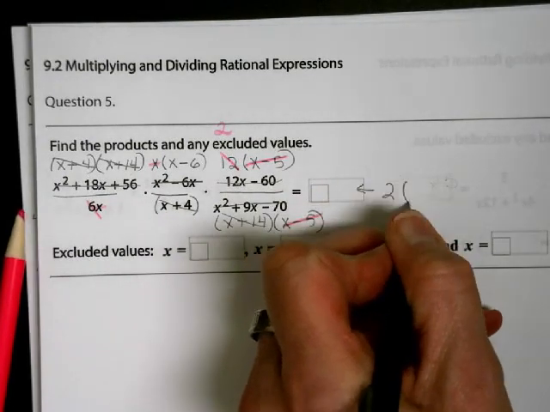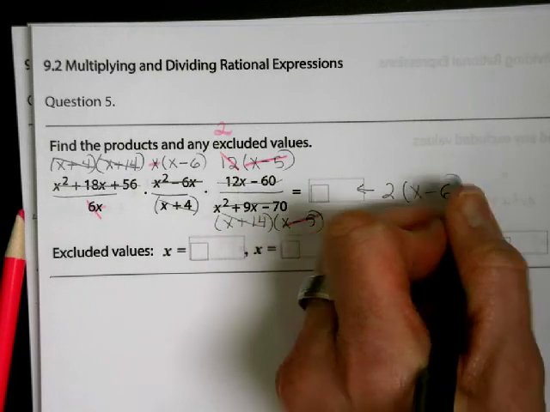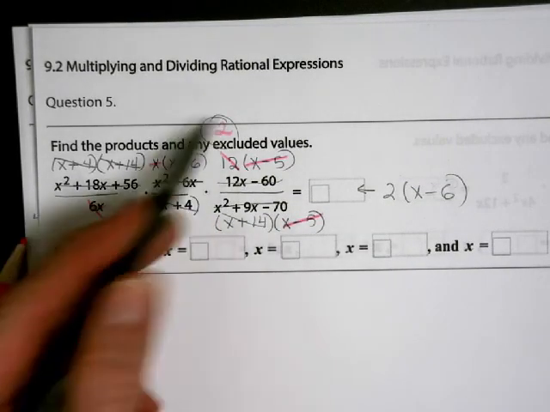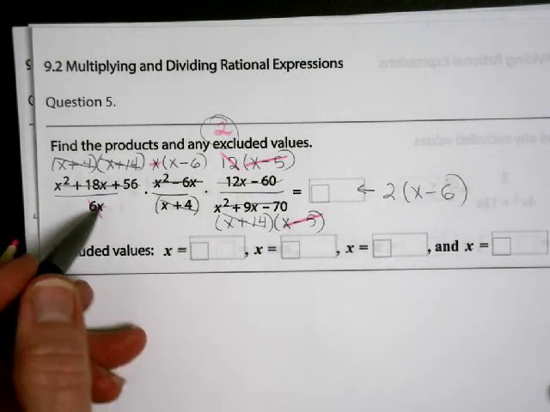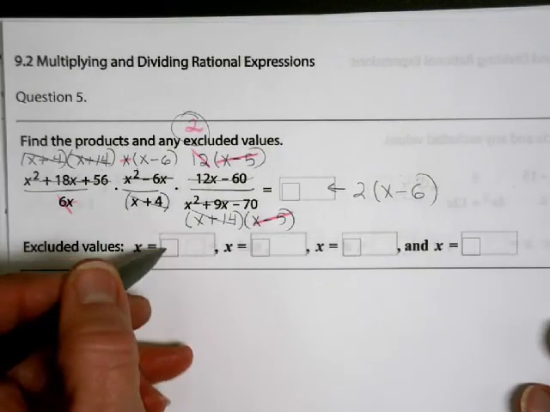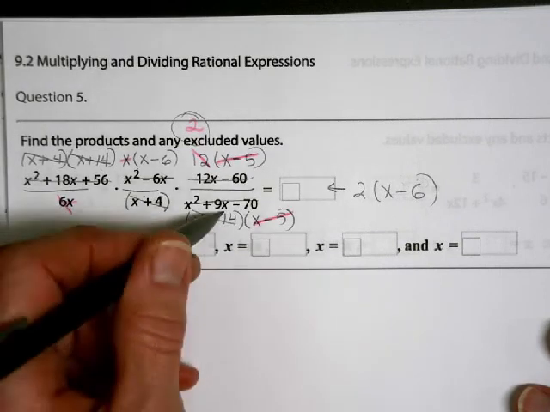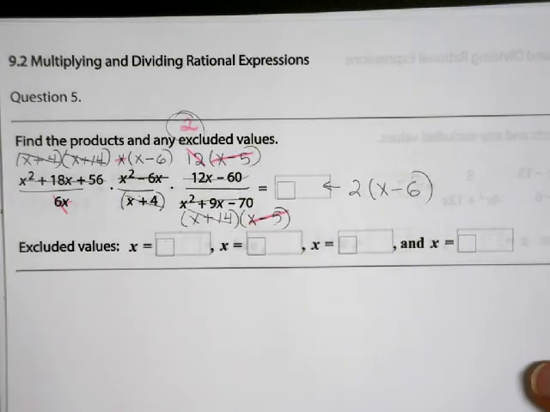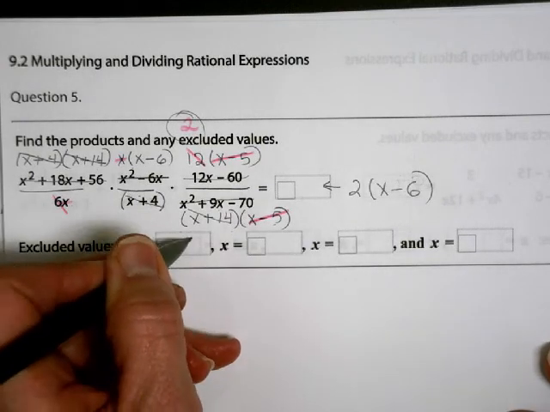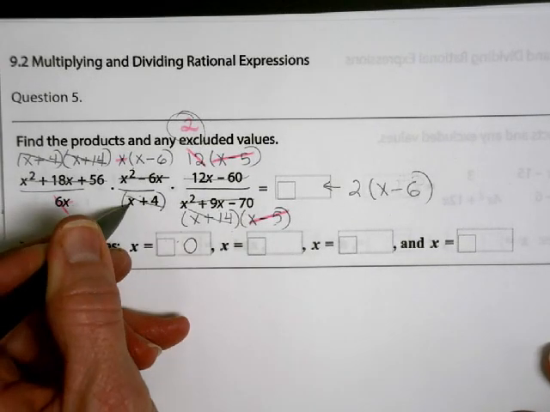So that's what will go in my product box. I looked it up and they didn't multiply it out. We just wrote what was left, the 2 up here and the x minus 6. Denominators disappeared, it means the 1. And down here, I have to get it from 4 of these factors.